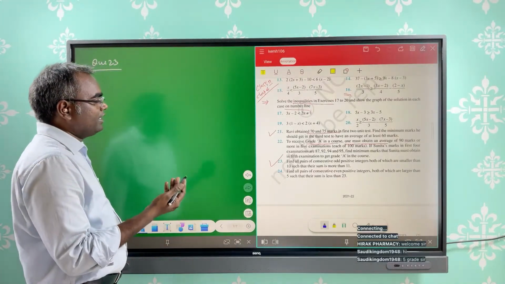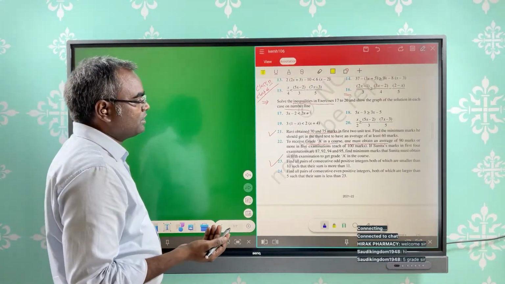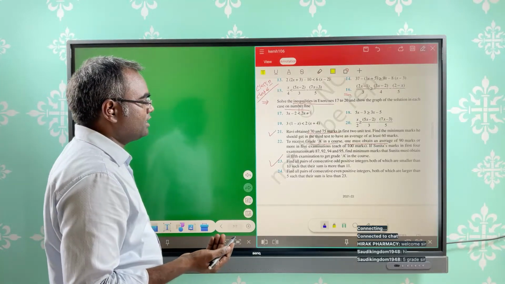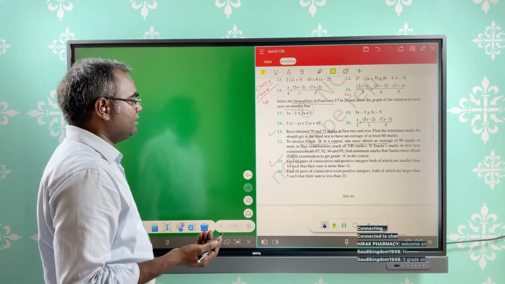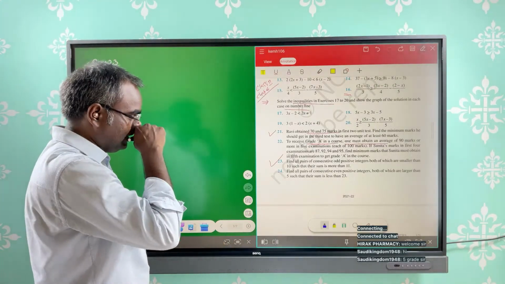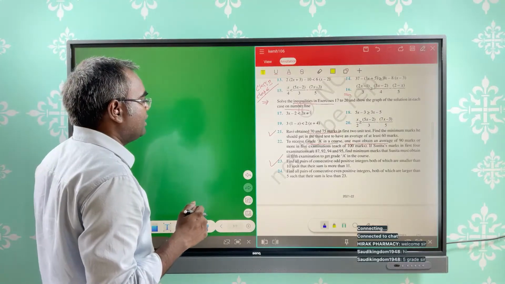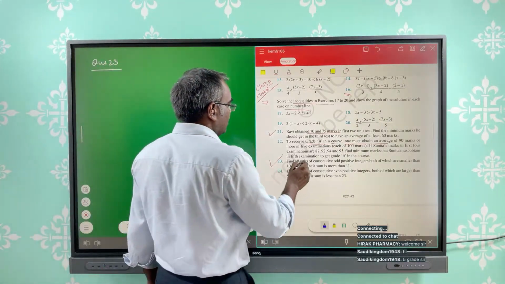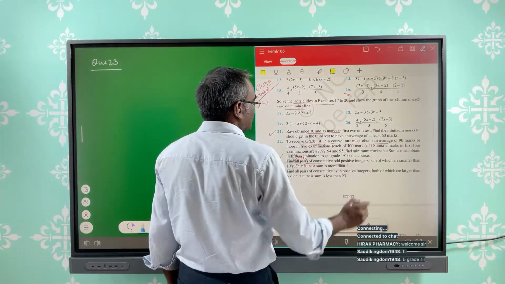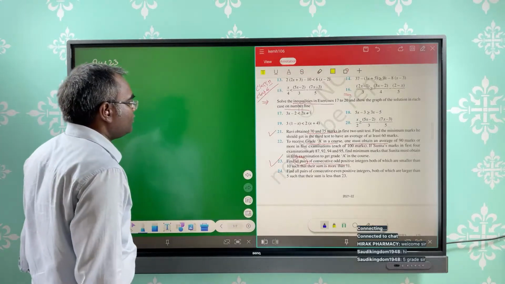So: find all pairs of consecutive odd positive integers, both of which are smaller than 10, such that their sum is more than 11. So we have to find all pairs of consecutive odd positive integers.